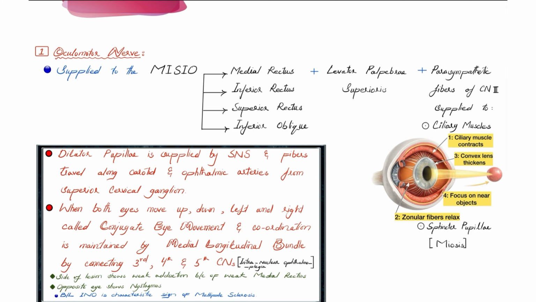When the ciliary muscle contracts, zonular fibers relax and the lens becomes thick, and then the eye focuses on a near object, meaning the accommodation reflex occurs. And when the sphincter pupillae contracts, miosis occurs, meaning constriction of the pupil.